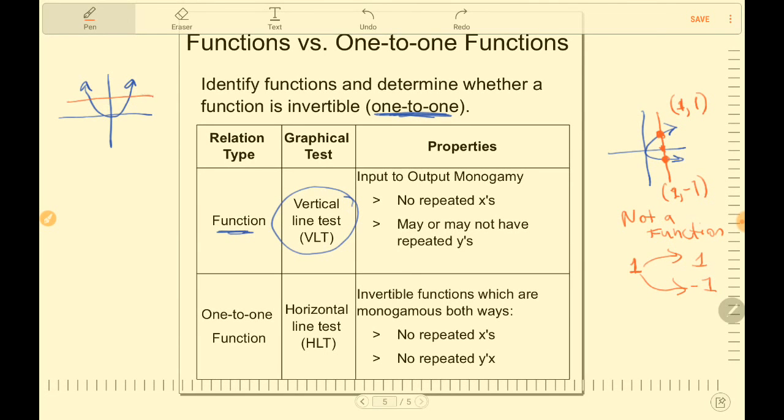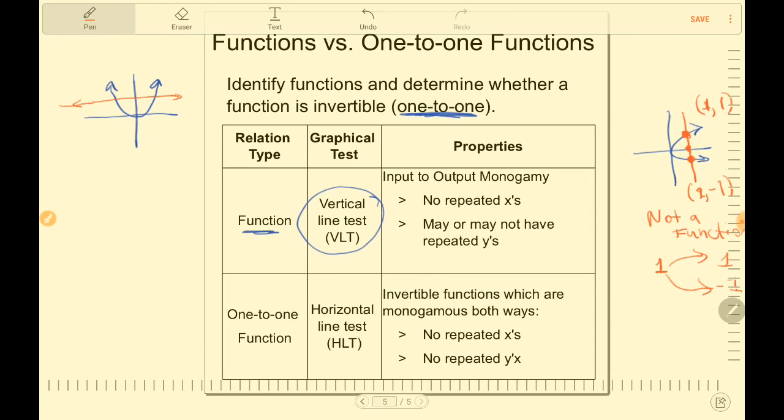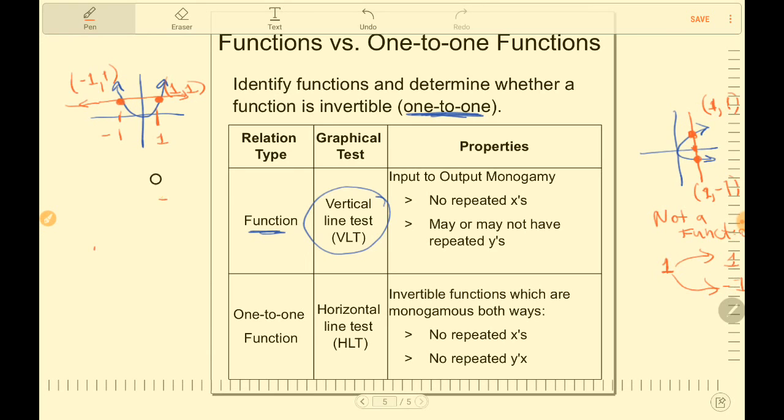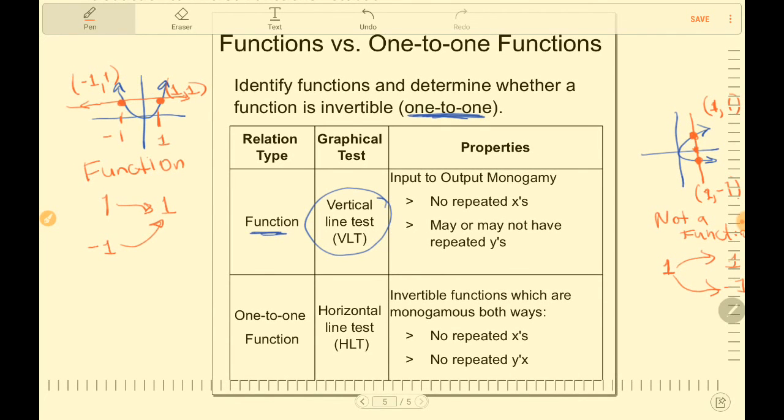However, if I draw a horizontal line, then I have 2 places that could have the same, let me say that again, we have -1 mapping to 1. All right, so in this case, we have repeated y values, or 2 x values to the same y. So that is okay. This is a function. It's a function because remember it passed the vertical line test. However, it is not one-to-one though, because it's not monogamous in both directions.